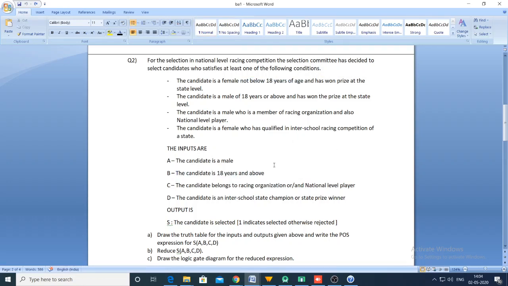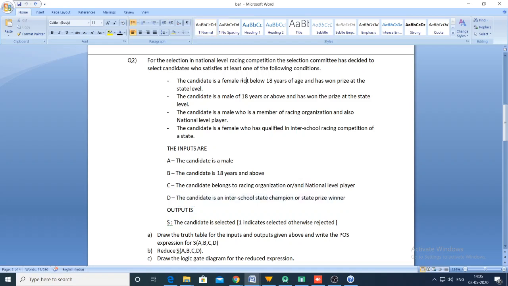And has won the prize at state level, the candidate is a state prize winner. So this is the last variable for the last term in the first condition. So three variables are there: A bar, B, D.